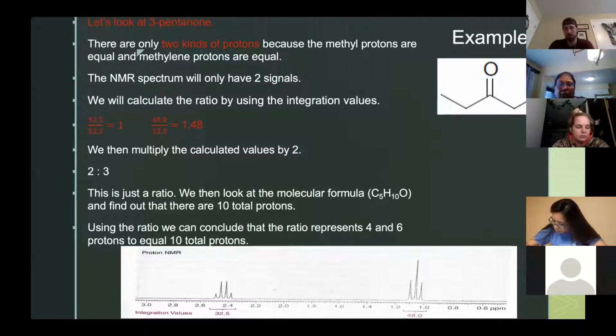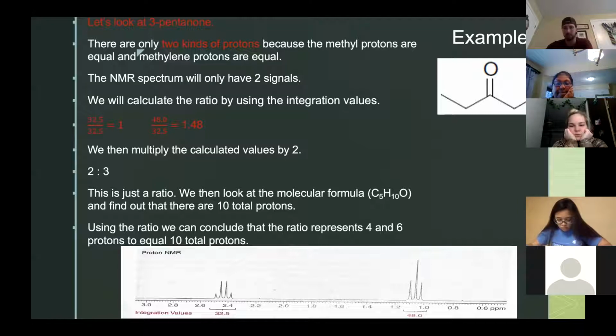Yeah. So the intensity depends on the machine. That intensity is what is given on the bottom as the integration values. And also the intensity of each peak is directly related to how many protons are present.